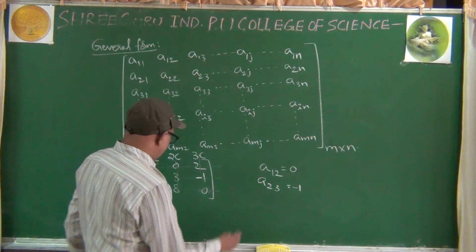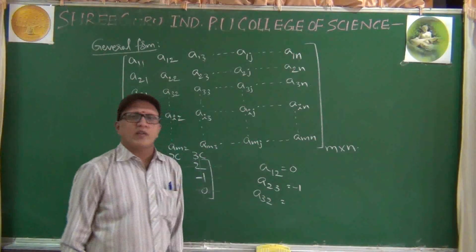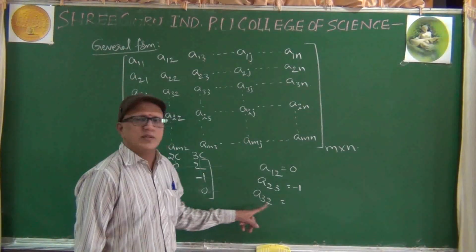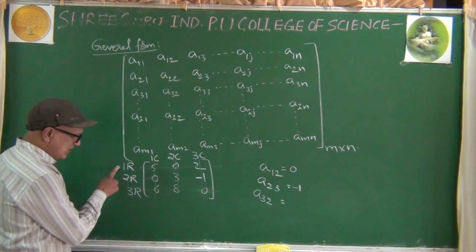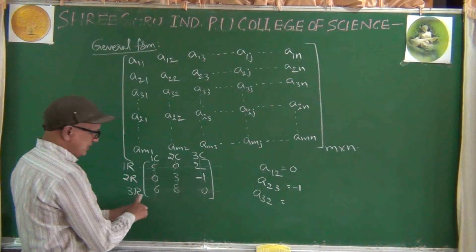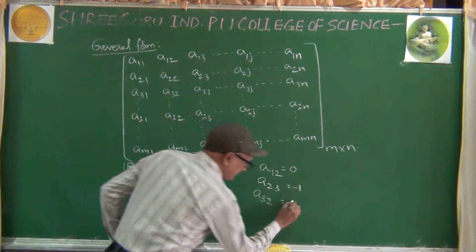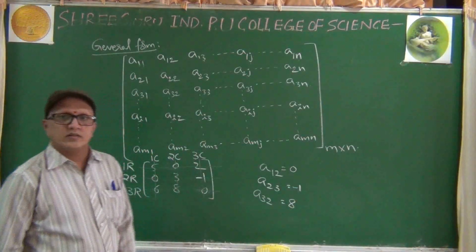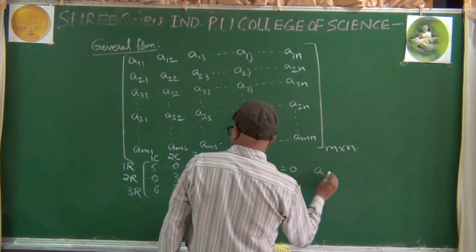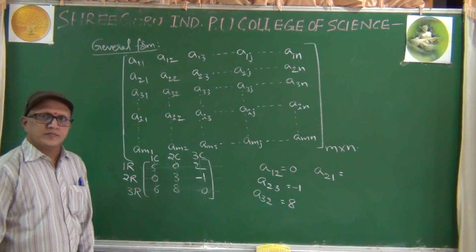Let us see what is A32. A32 means third row, second column. Third row: first row, second row, third row. This is the third row. Third row, second column is 8. Now you tell what is A21.